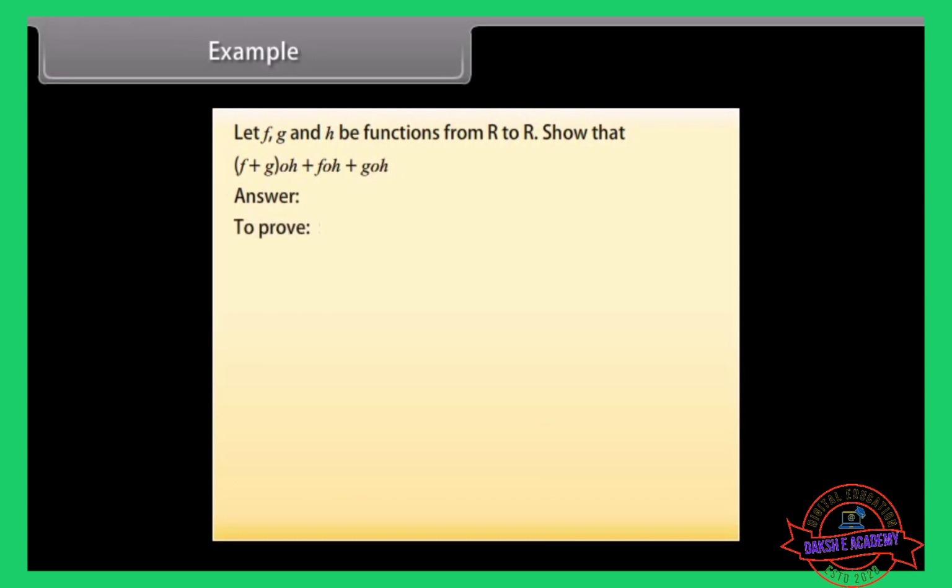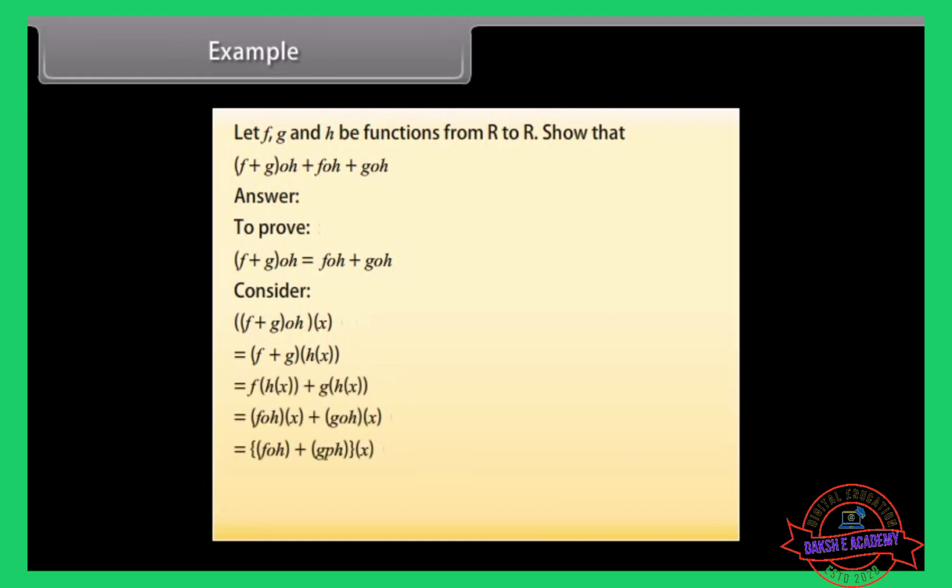To prove f plus g of h is equal to f of h plus g of h, consider f plus g of h of x, which is equal to f plus g of h of x. On solving we get f plus g of h is equal to f of h plus g of h. Hence proved.